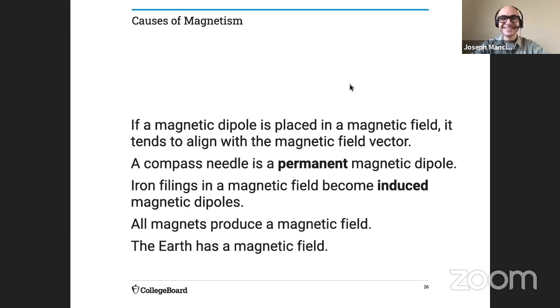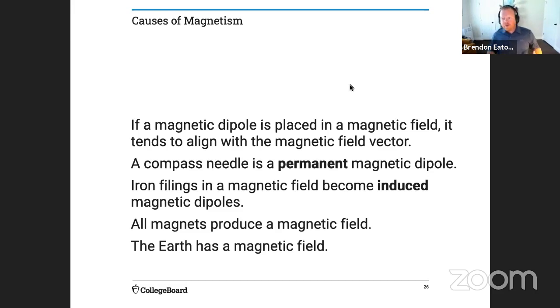But you can also take iron filings, and you can put iron filings around a bar magnet. You probably did this in class at some point. Iron filings aren't necessarily magnetized, but when they get around another magnet, the dipoles inside of iron filings, well, they want to align with the magnetic field of the bar magnet as well, and you get what's called an induced magnetic dipole.